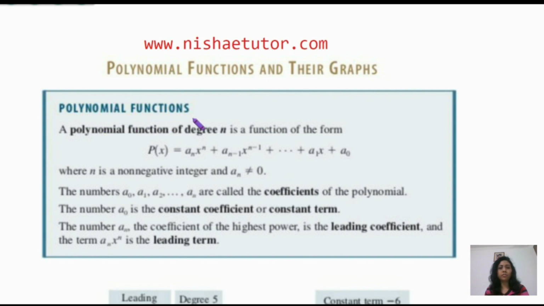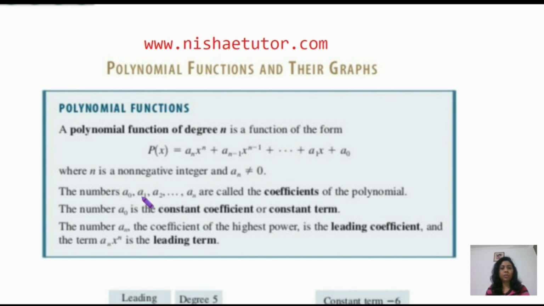A polynomial function of degree n is a function of the form a_n x^n + a_(n-1) x^(n-1) + ... + a_1 x + a_0, where n is a non-negative integer and a_n is not equal to 0.